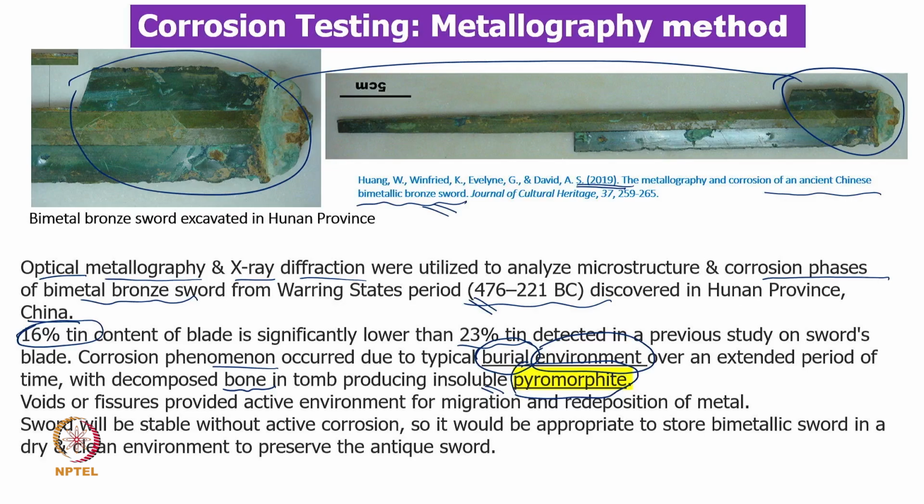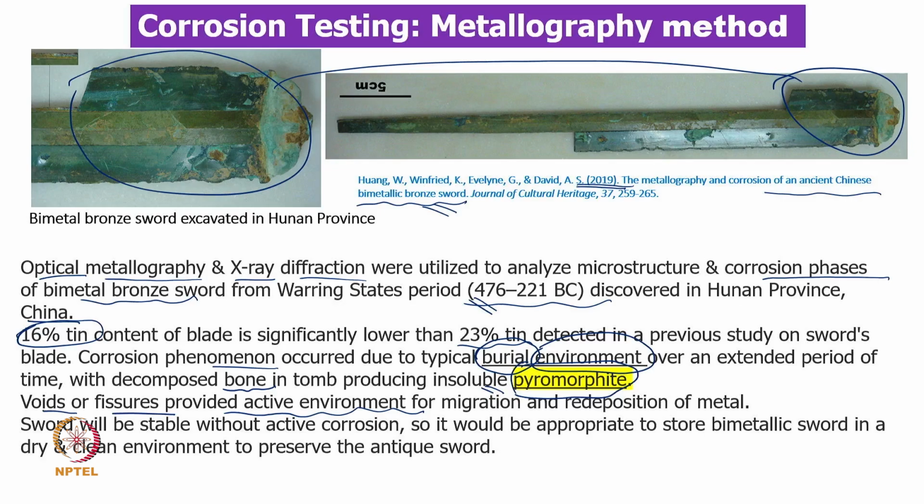And another thing they mentioned is that there were some voids and cracks which are really providing an active environment in the presence of the solution, producing a corrosive environment. In addition, the voids and cracks help to make a kind of electrochemical cell.